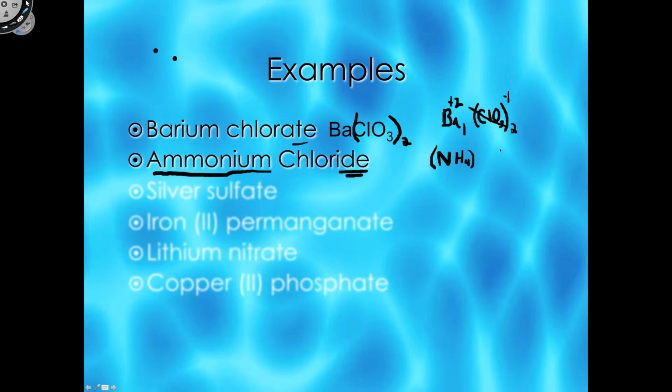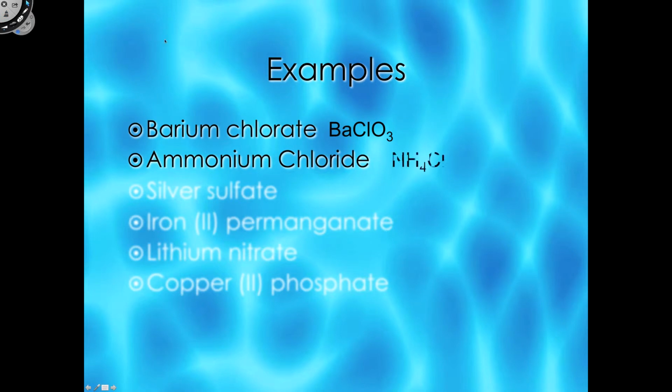So chloride is just chlorine, Cl. Its charge is -1. Ammonium is +1. Do they add up to 0? They do. If they add up to 0, that means we don't crisscross anything, and we don't need the parentheses. So NH4Cl is our answer.